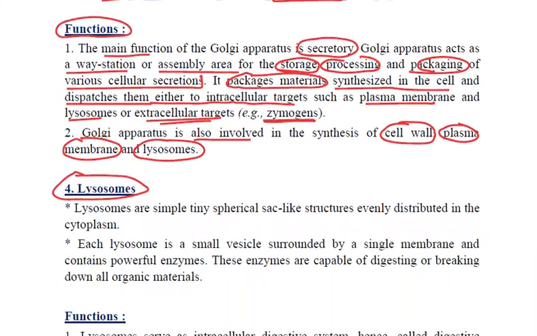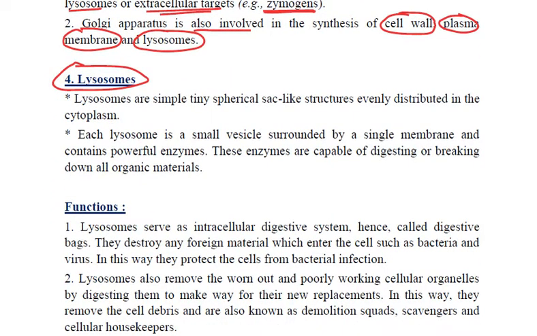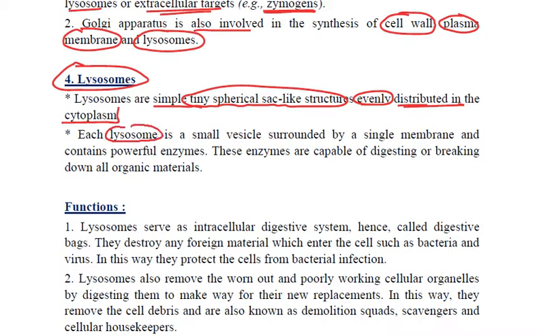Very important cell organelle. These lysosomes are simple tiny spherical sac-like structures which are evenly distributed in the cytoplasm throughout the cell. Each of these lysosomes is a small vesicle which is surrounded by a single membrane, and these lysosomes contain powerful digestive enzymes.